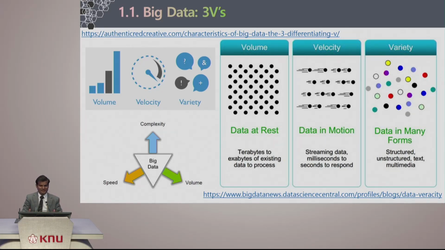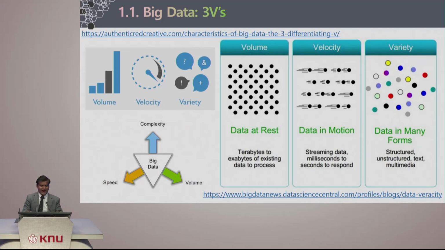These days data are in motion, streaming data, like terabytes of data streaming online every second. Consider the project called Square Kilometre Array, located in Australia and South Africa.